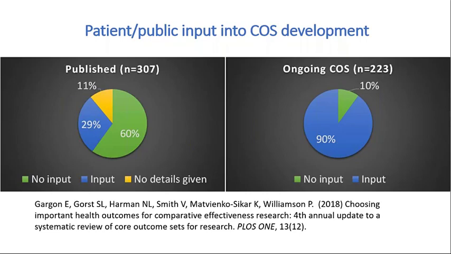Gargon and colleagues found that of 307 published core outcome sets, 29% had some form of patient public input, either participation or involvement, as you can see from the blue shading. However, of the 223 ongoing core outcome set studies, 201 or 90% have some form of patient public input. So we can see that public involvement in core outcome set development is becoming increasingly more prominent.